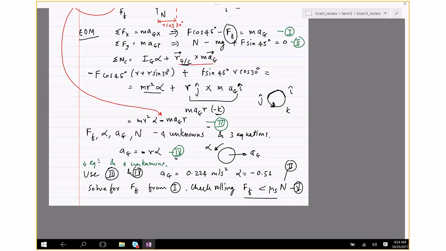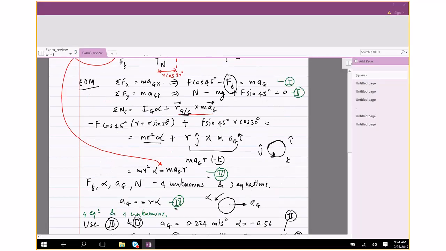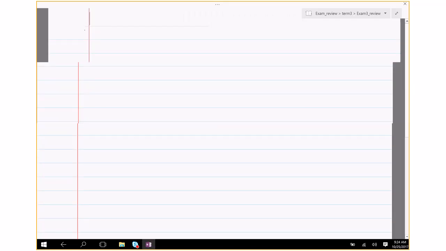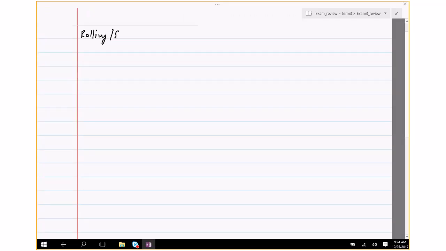So what I'm going to do is make it simple: rolling, slipping problems. It turns out there are only a few types of problems. One is a ring or a disk subject to a moment M, in which case you assume the friction to be this way.